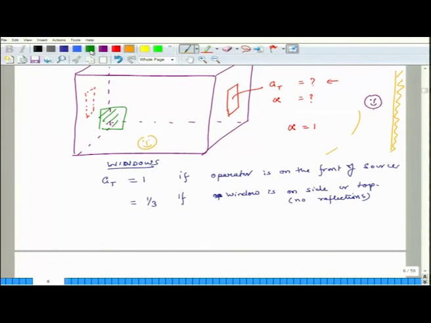If there are reflections, then AT is equal to 2 by 3, when windows are on the side or top and there are reflections.